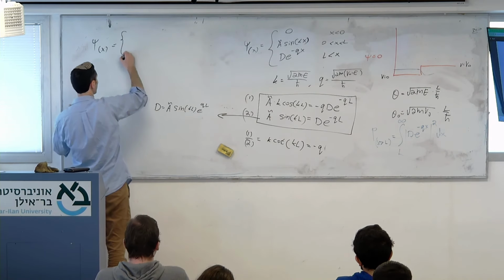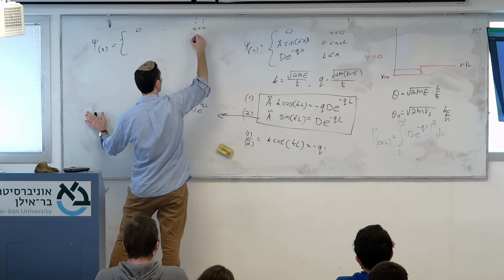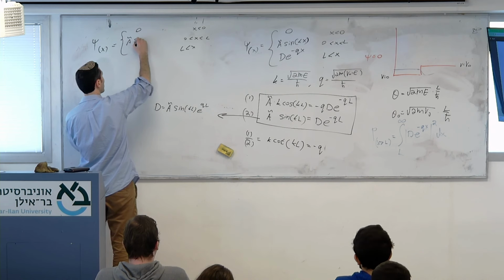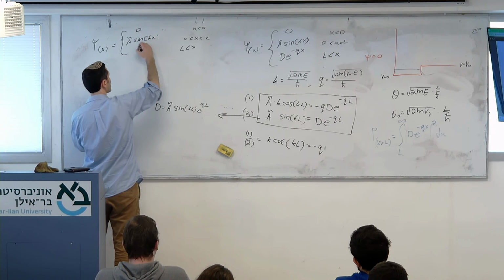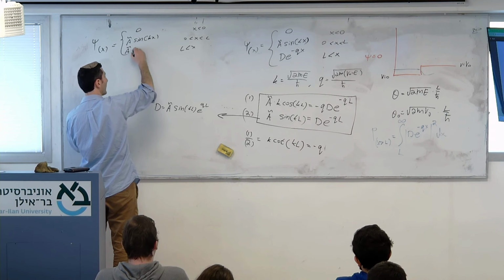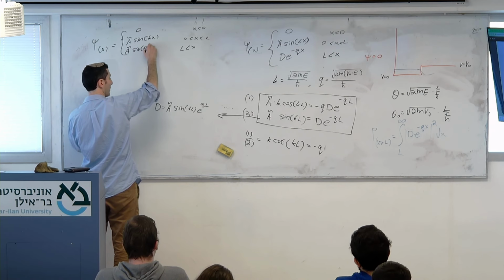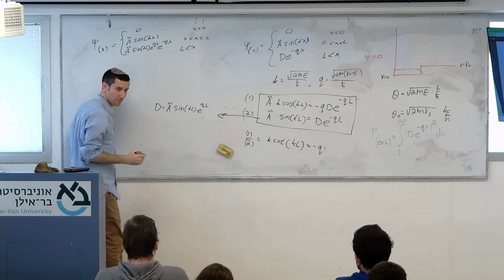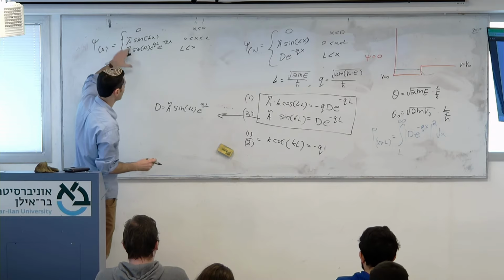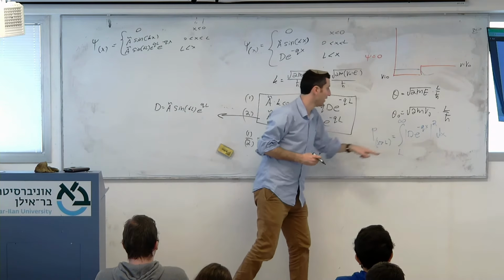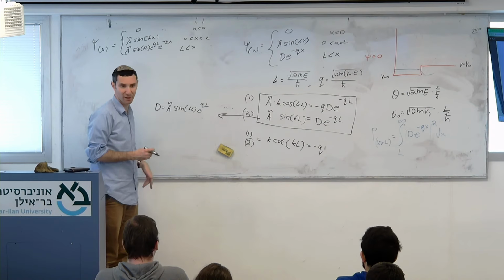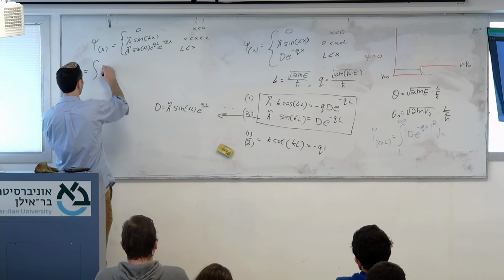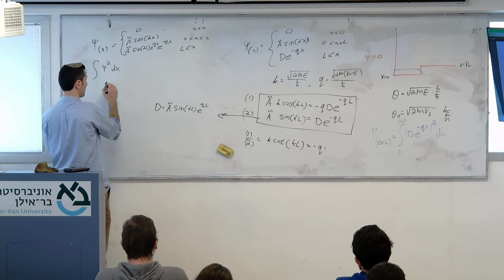So psi of x is equal to 0 here, here I have a tilde sine kx, and here I have a tilde sine kl e to the ql times e to the minus qx. And now in order to find d for this, I need to find a for that. In order to find a, I need to normalize. In order to normalize, I write 1 is equal to the integral of psi squared dx from 0 to infinity.